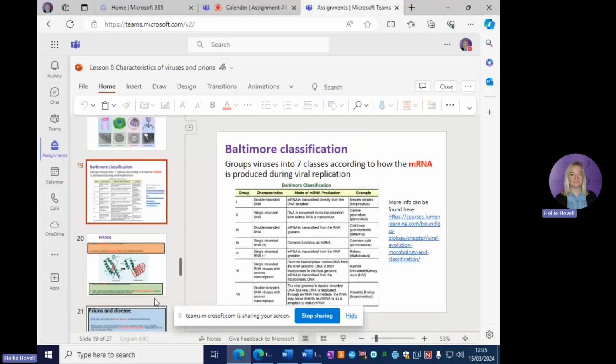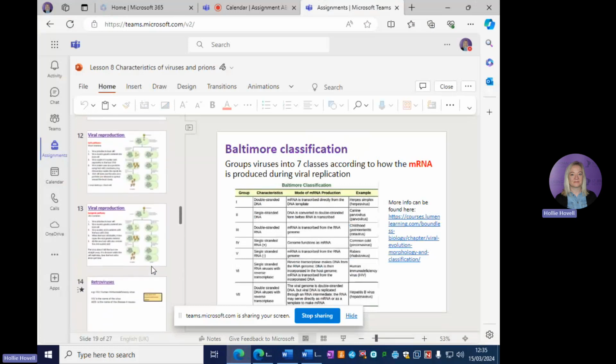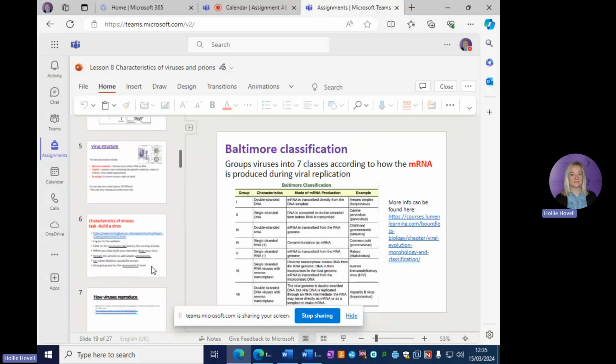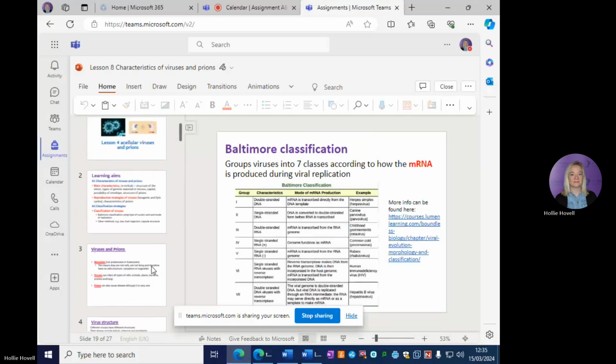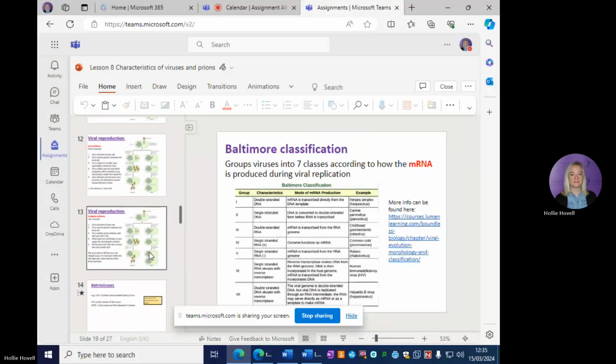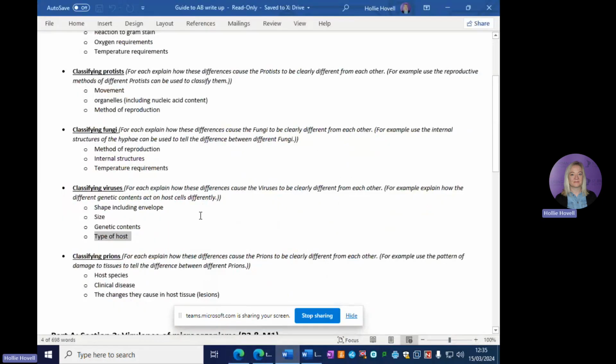Viruses can be classified by their type of host as well. Let me see if I can find anything about hosts of viruses. I've just noticed there's nothing about the type of reproduction on here. There probably should be.